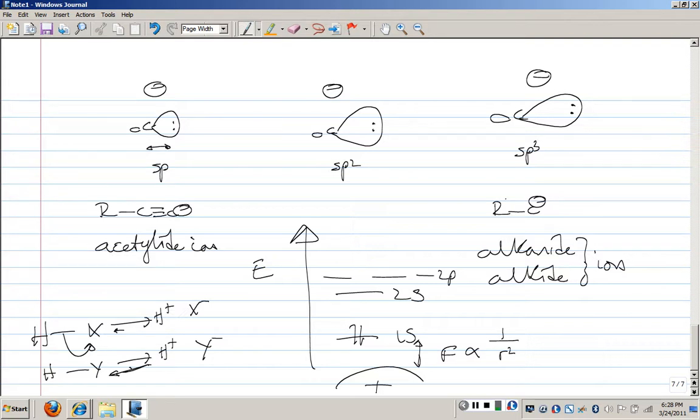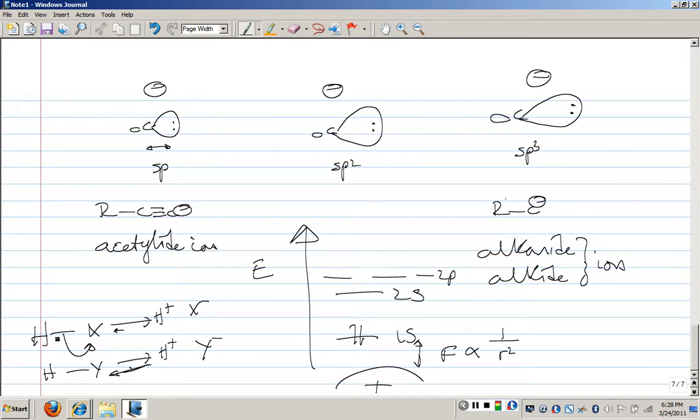So in general, the more stable the conjugate base, the stronger the acid. And it has to be that way. If HX is a strong acid, it means we're going to go this way. What it must mean is that X minus is so stable a base that it's a weak base. A stable species is one that's not reactive. And if a base is not reactive, it means it's a weak base.